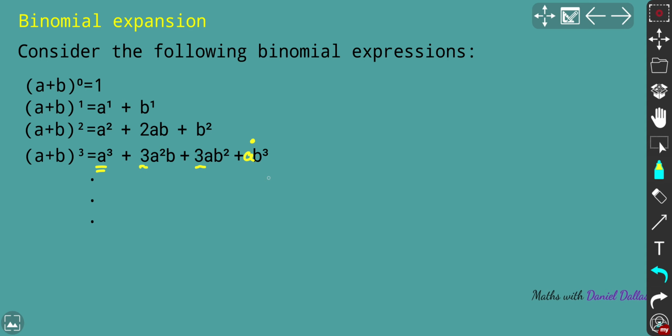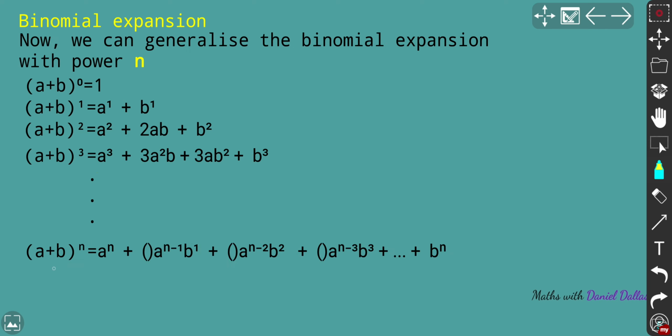Okay, that idea allows us to generalize the formula for a binomial in case we have a general power n. So we have power n, that means we will have the maximum power for the first term, then there goes some coefficient, the power decreases every time by 1 for the first term in the binomial, and simultaneously increases by 1 for the second term b.